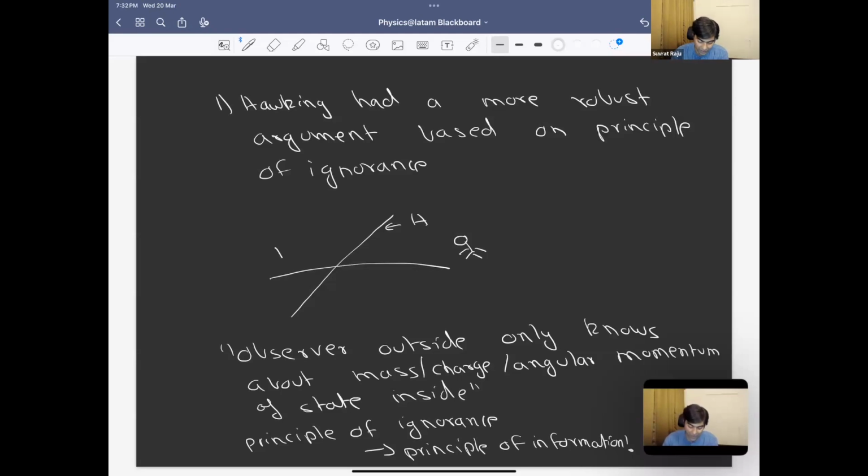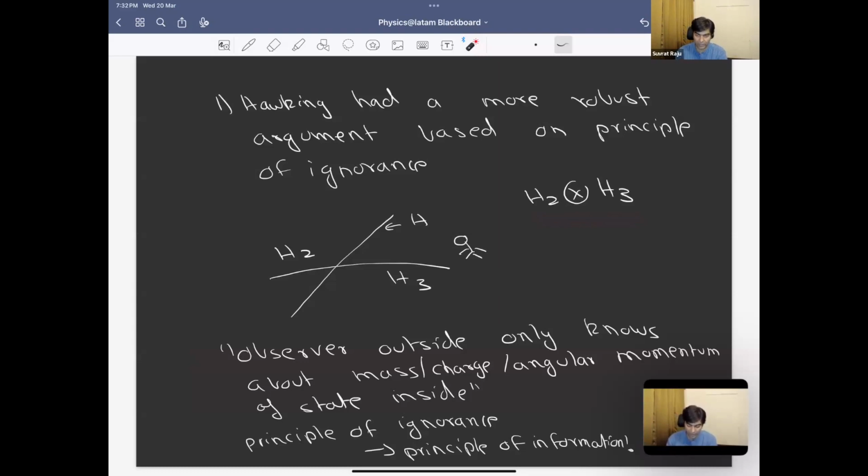And this is about the factorization of the Hilbert space that Hawking assumed. Hawking assumed that the final state Hilbert space factorizes into H2 times H3. This is some assumption that comes from quantum field theory, and some from classical GR, and combining this intuition leads you to wrong results. We can show that in a theory of gravity, the Hilbert space does not factorize this way, and it's not true that the observer outside only knows about the mass, charge, and angular momentum. But that is something we'll discuss next time.